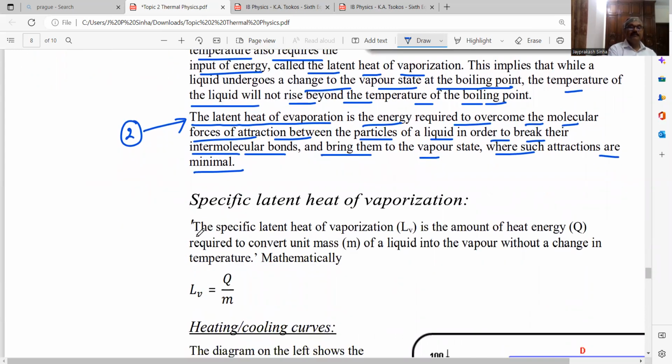The specific latent heat of vaporization, LV, is the amount of heat energy required to convert unit mass of a liquid into vapor without a change in temperature.